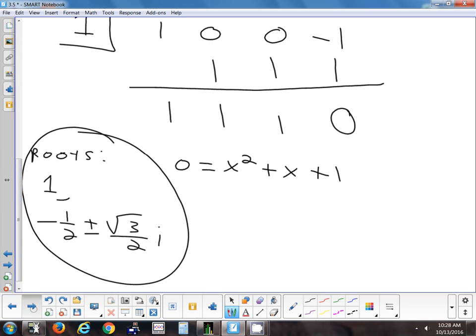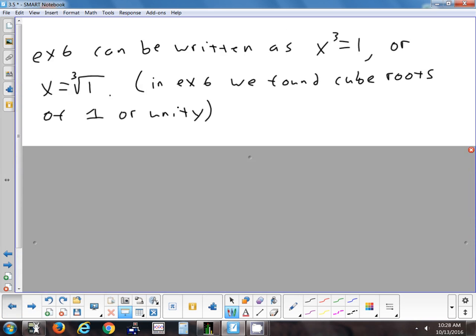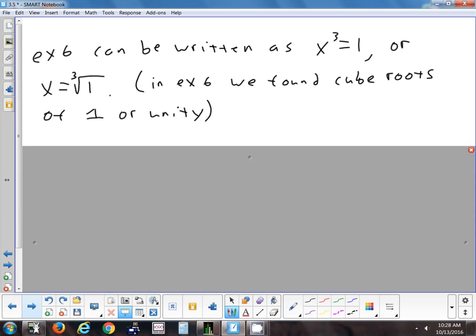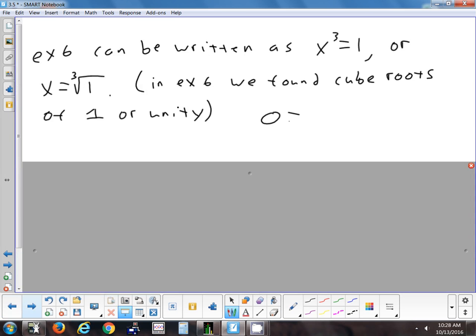All right. So what we basically did in this problem, watch this. It says 0 equals x cubed minus 1. That's basically what we just solved. If I add 1 to each side, watch what happens. I get 1 equals x cubed, or x cubed equals 1, same thing.